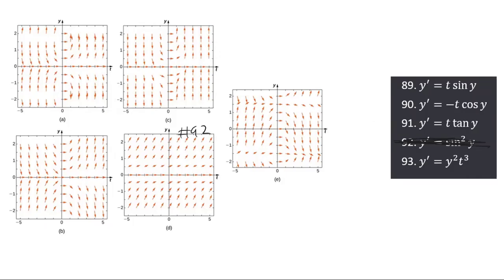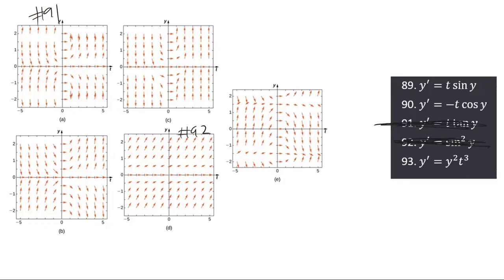That gives us a clue that it might be choice A for 91. You can see what's happening here as well: it's negative, pi over 2 is around 1.5-ish, and then it probably switches to a positive vertical tangent. So likely 91 is choice A.